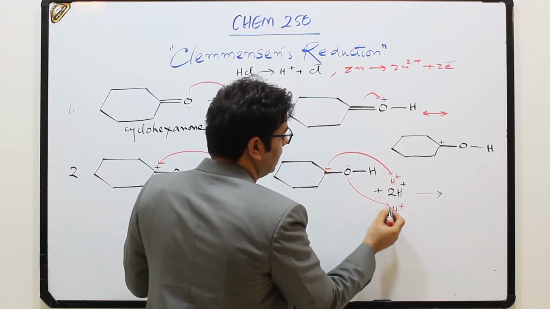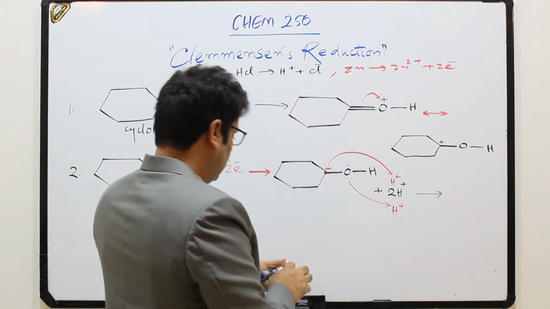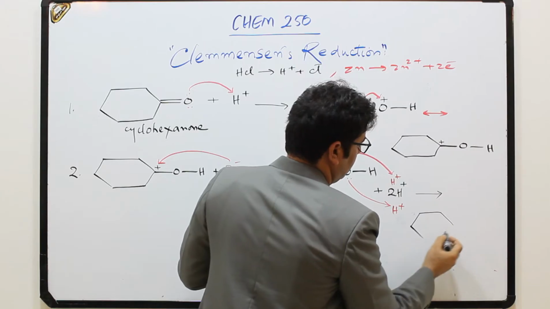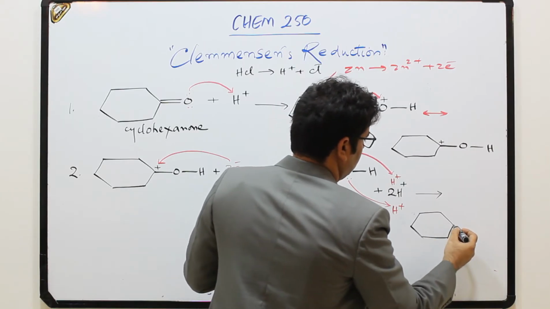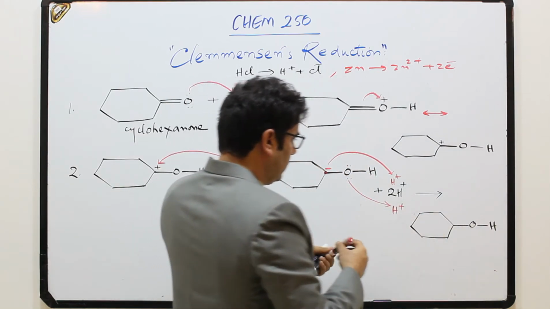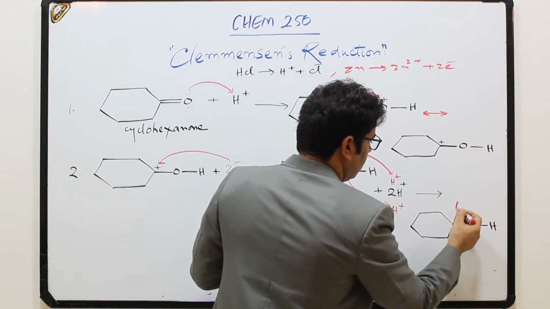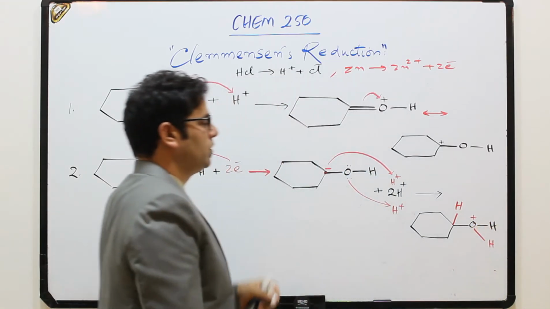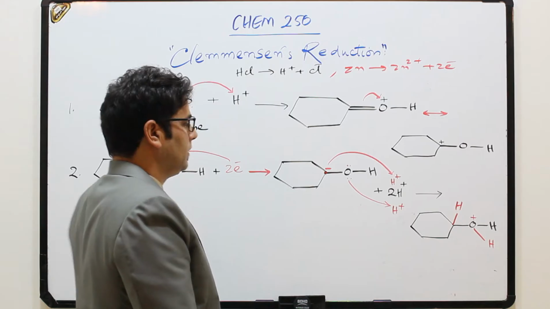This oxygen will attack another hydrogen. It will result in formation of this molecule. 1 hydrogen will come here, 1 hydrogen will come here. Because of this, there will be positive charge on the oxygen.